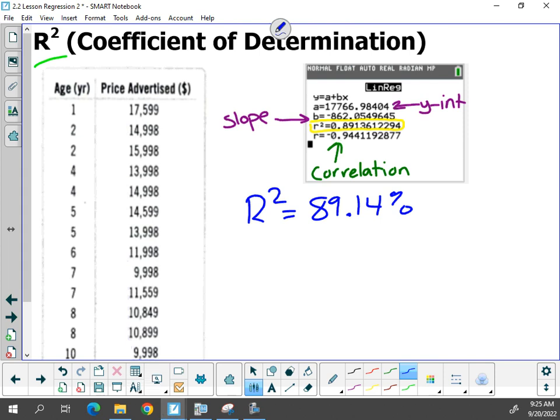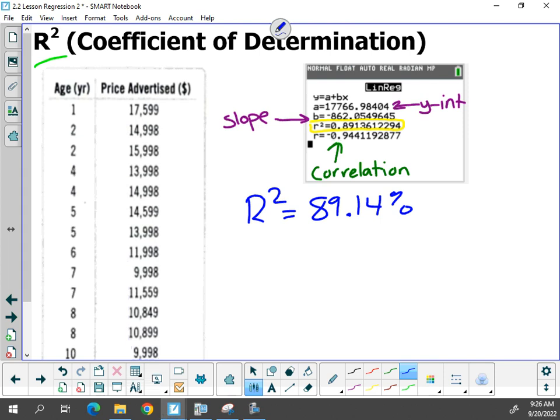So you might look at these Toyotas and find even more, and the prices aren't always going to be the same for the same year vehicle for different reasons. But 89.14% of the variation in that price we can attribute to the age of the car. So the age of the car has a pretty large influence on the price that it will be advertised at.